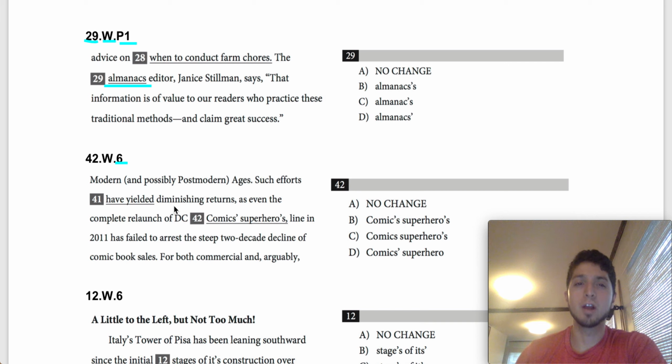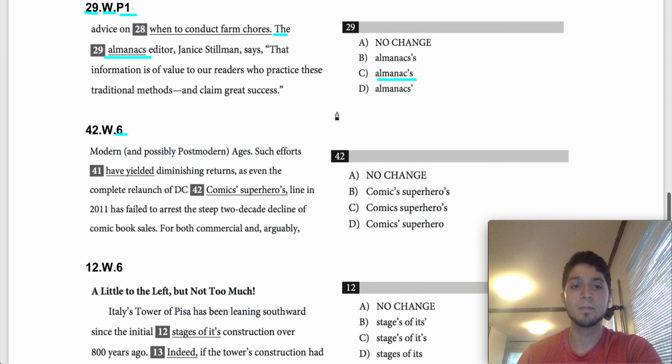I don't really have a quick protocol or strategy for figuring this out, but you have to ask basically what's owning what, and infer what is doing the possessing here. In this case, the almanac is possessing the editor, right? It's the almanac's editor. And this is telling us that almanac is singular. So if it's a singular regular noun, we're going to do almanac apostrophe s, almanac's editor.